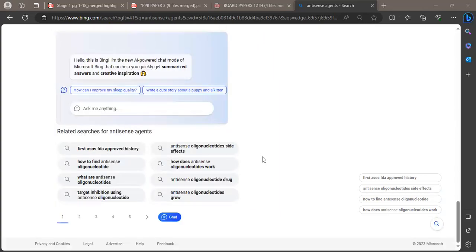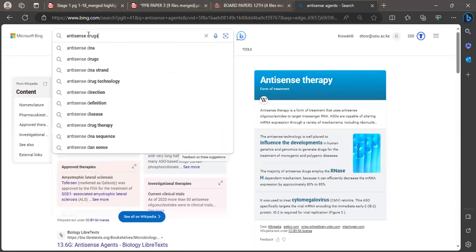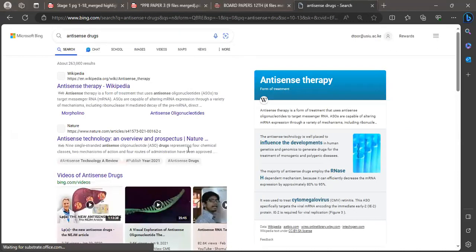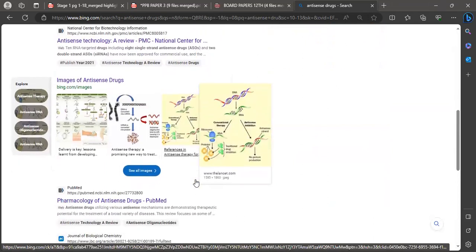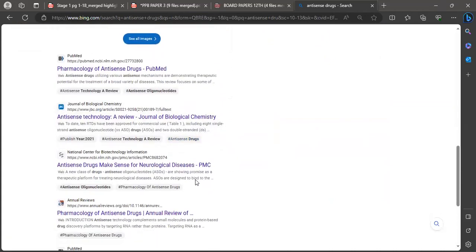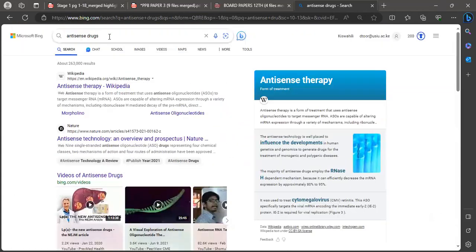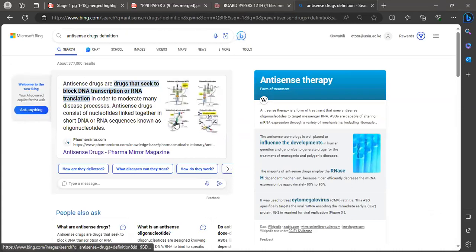Or you Google antisense drugs and see what it will bring. Let's just say examples. They seek to block DNA transcription or RNA translation in order to moderate many disease processes.